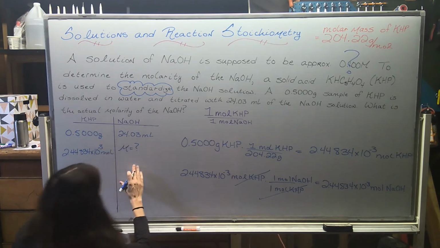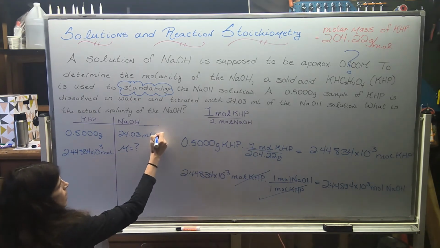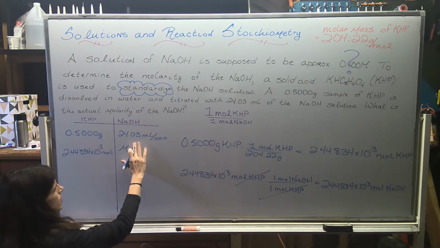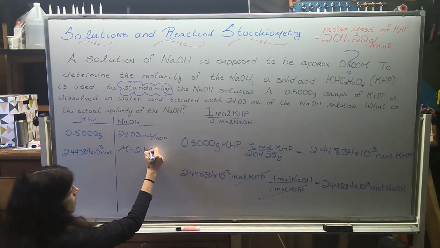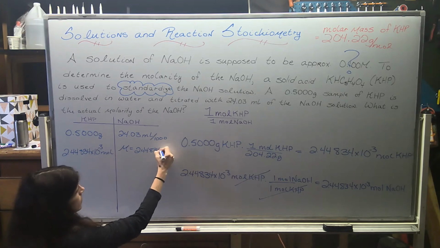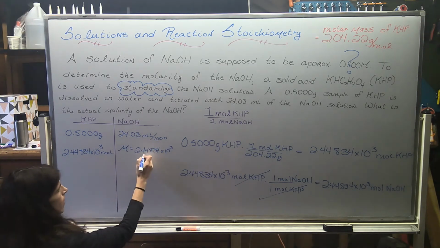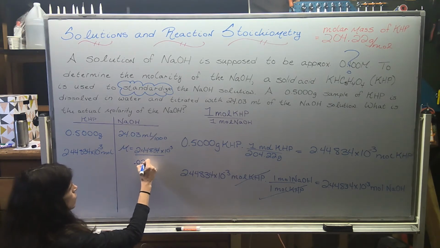So then I can come over here. Now I have moles. I'm going to divide this by 1,000 to turn it into liters. So my molarity then is going to be 2.44834 times 10 to the negative third moles of sodium hydroxide divided by 0.02403 liters.